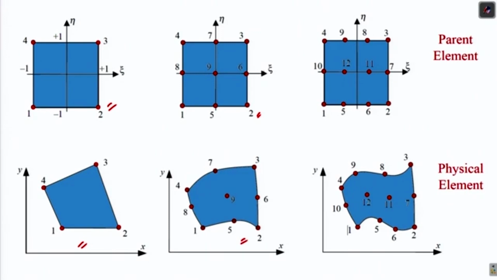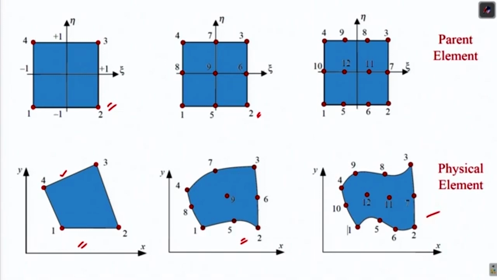Now the interesting thing is, in this 4-node element, if you look at the sides, this side is linear. Where you have one extra node on the sides, so you have 3 nodes, then you have a quadratic side. So with this you can represent the domain in a better way. Similarly we can have this element as well.